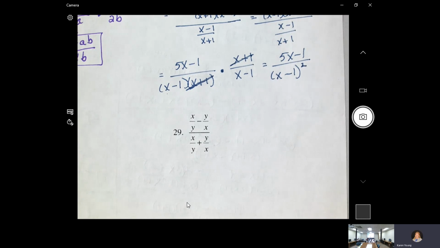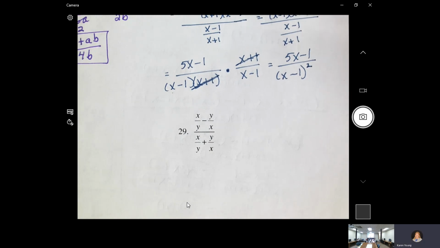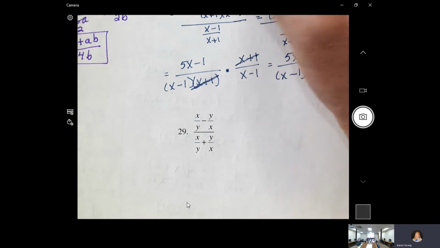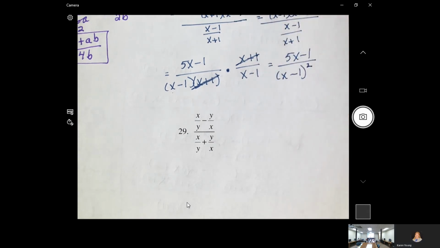Actually, for the 5x minus 1: 3x plus 2x gives me the 5x. Then negative 3 plus 2 gives me the negative 1. Gotcha. Yeah. That pesky one, it was times the x minus 1, so I make that a minus 3. Gotcha.